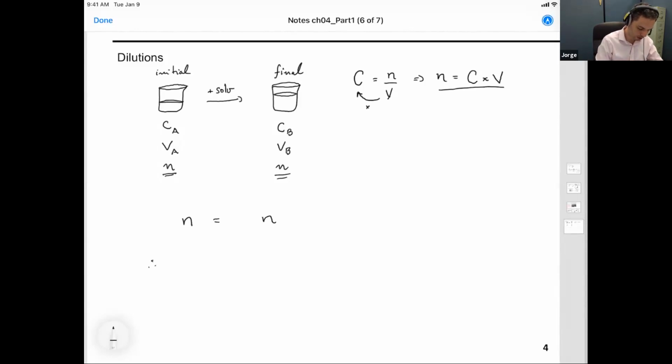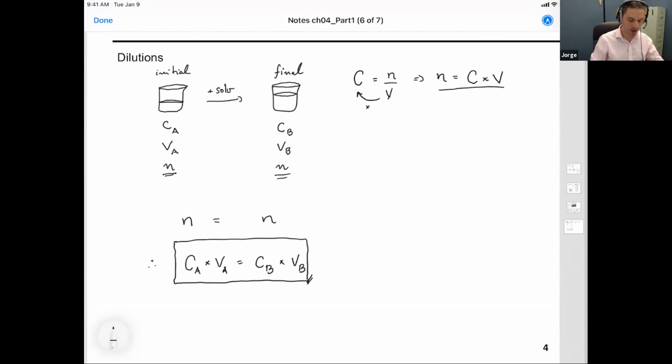Therefore, I will end up with concentration of the initial solution times the volume of the initial solution has to be equal to the concentration of the final solution times the volume of the final solution. So every time we dilute a solution, this equality here has to be respected.